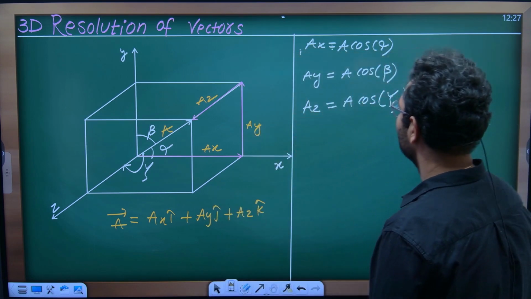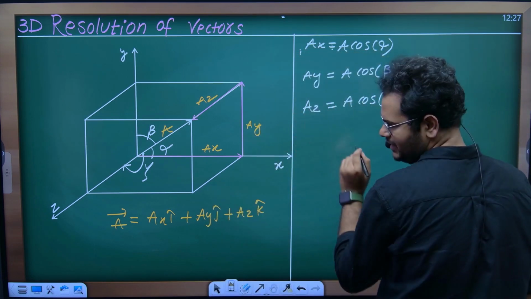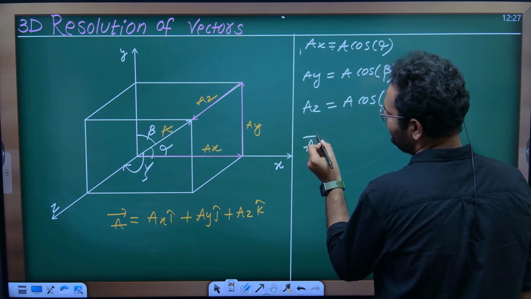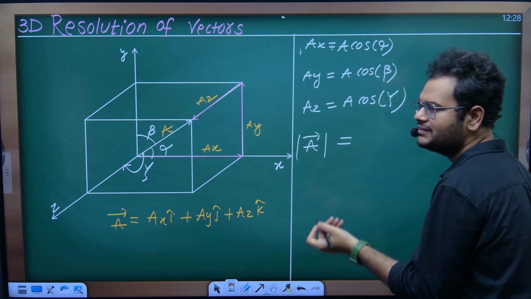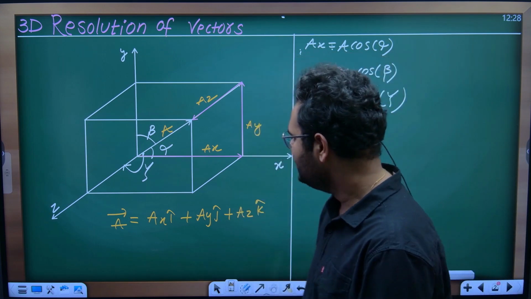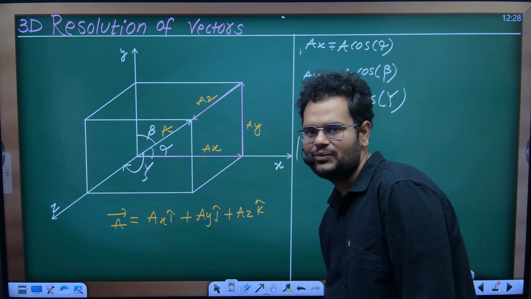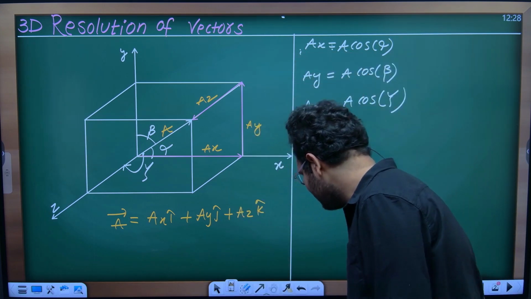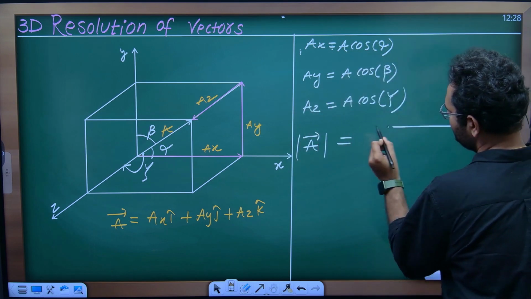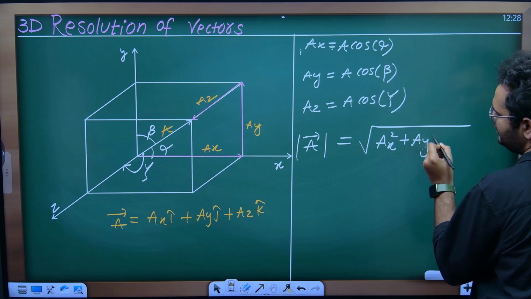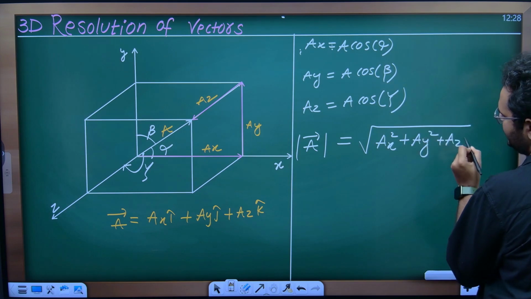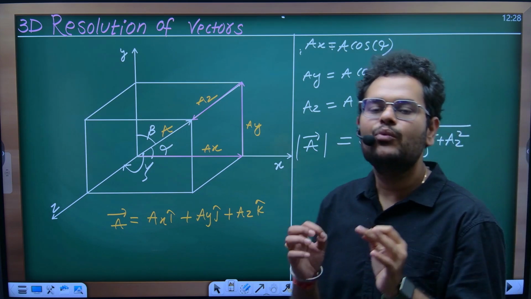What else we need to remember, sir? Once you get Ax, Ay, Az, the magnitude or length of vector A, how to find it, sir? Simply it is Ax square plus Ay square plus Az square, right? So I can write under root of Ax square plus Ay square plus Az square. I want you to remember an important relation.